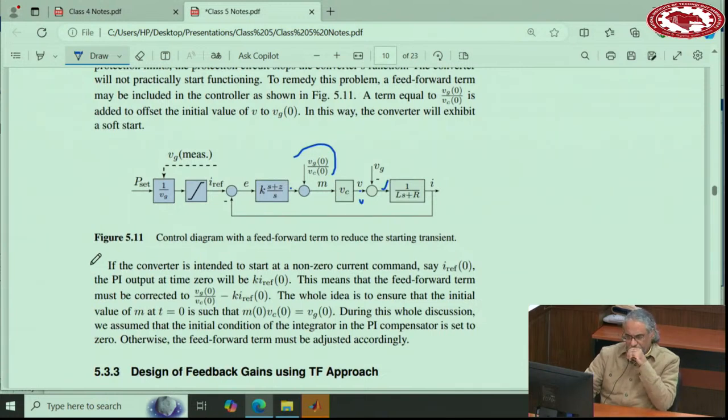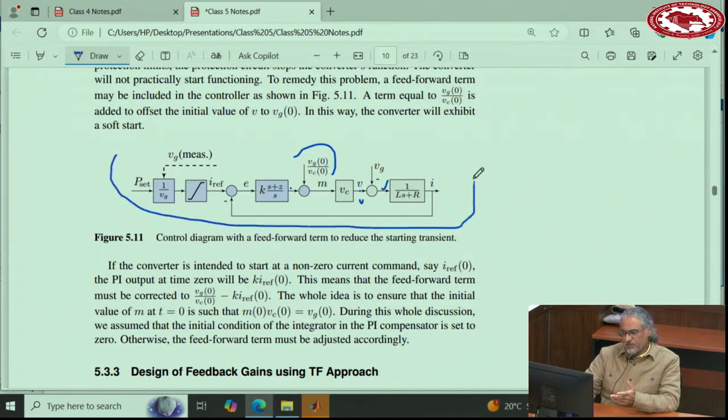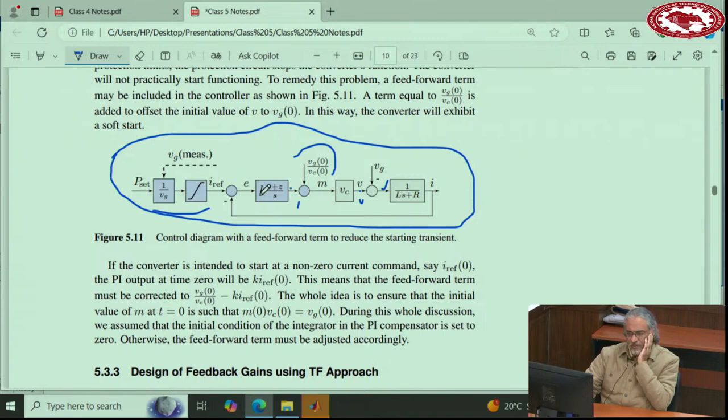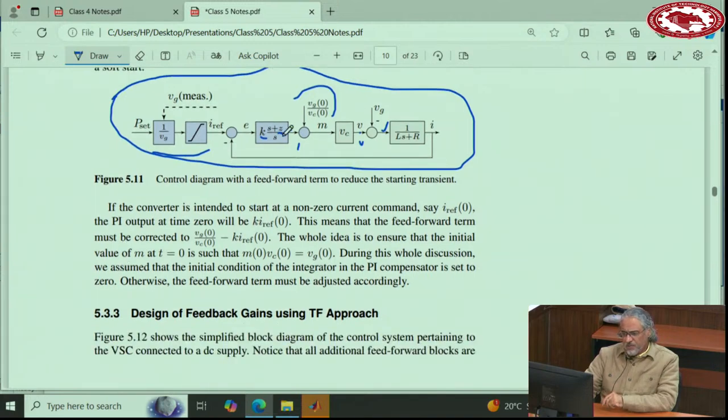Okay, so basically this is now the entire control system that we have, with the current limiting here, soft start here, and the controller has two parameters, K and Z. Let's see how to design K and Z. One common approach using transfer function that a lot of people use is to choose Z equal to R over L. In this case, this pole and this 0 will cancel each other, and the cancellation is on the left side of the complex plane, so it's not a big problem.